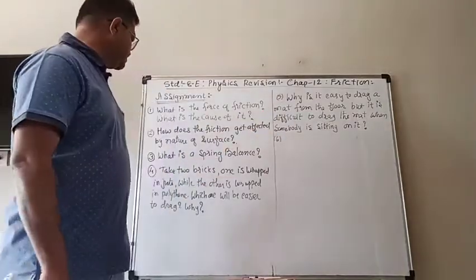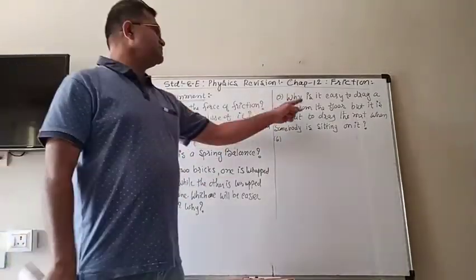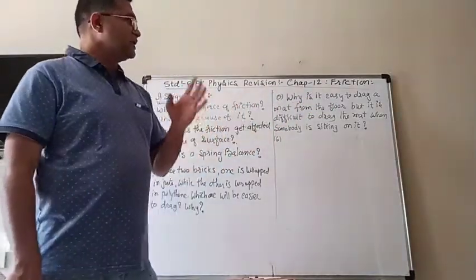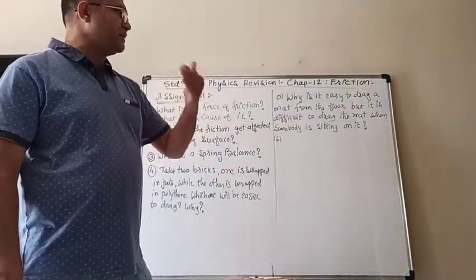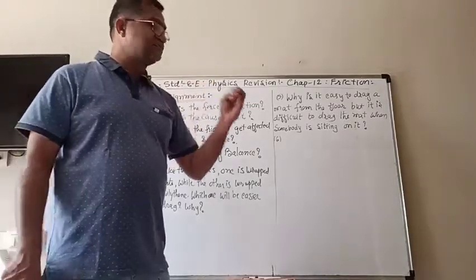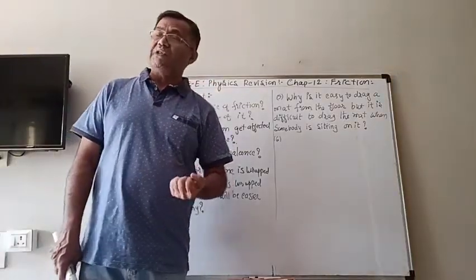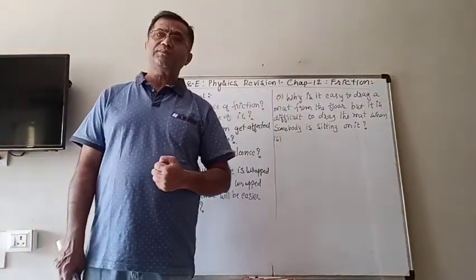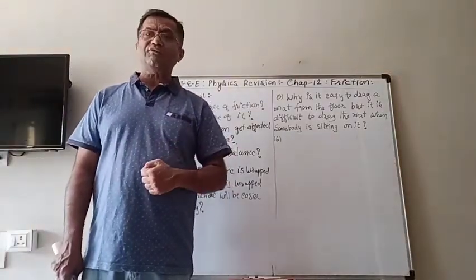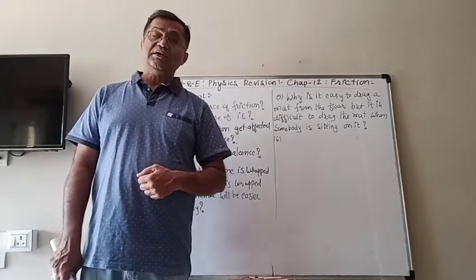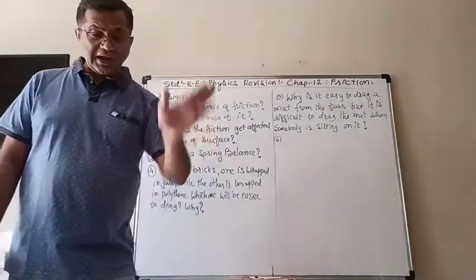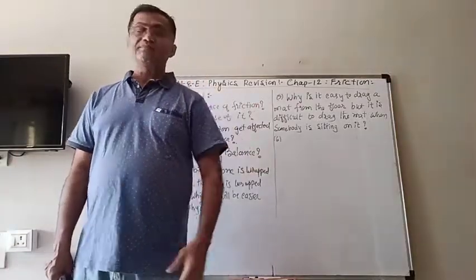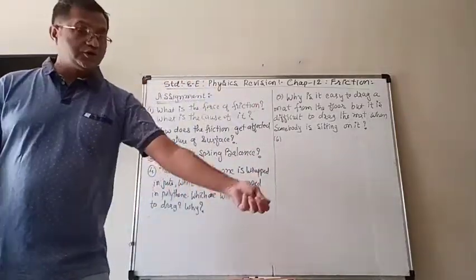Now another question is why it is easy to drag a mat on the floor, but difficult to drag the mat when somebody is sitting on it. The mat is on the floor. When nobody is sitting on it, it is not tightly attached to the floor, and therefore it is easier to drag.